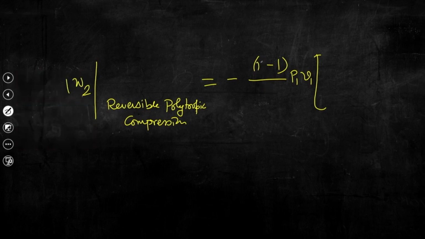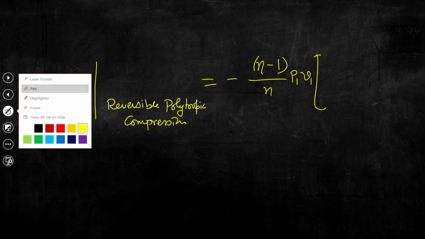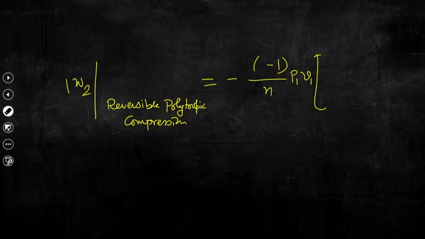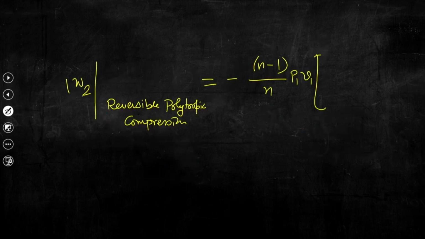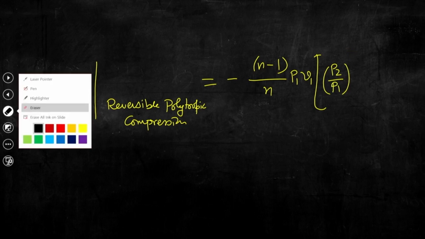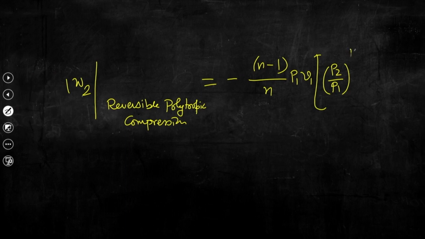So, this is n minus 1 upon n, P1 V1 into P2 by P1 power n minus 1 upon n minus 1.